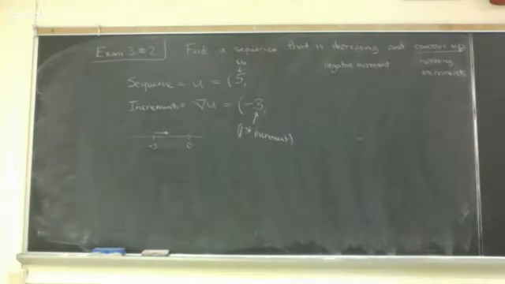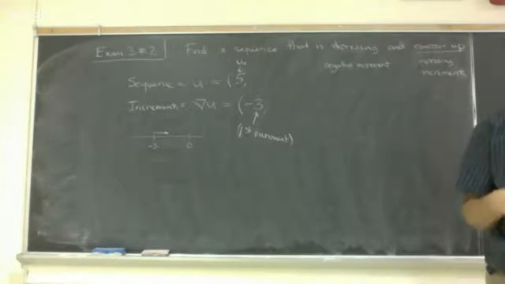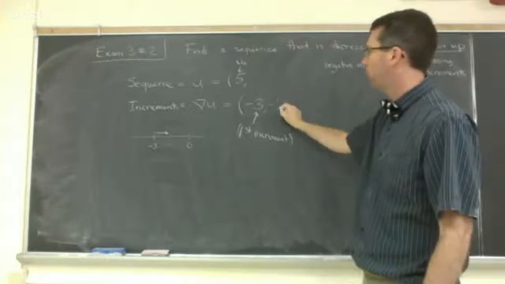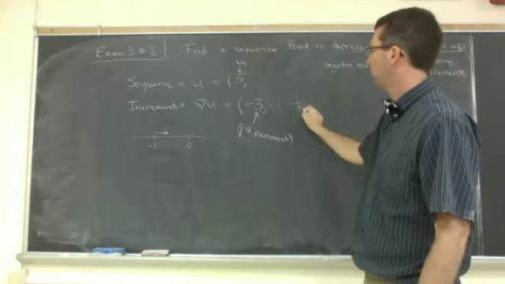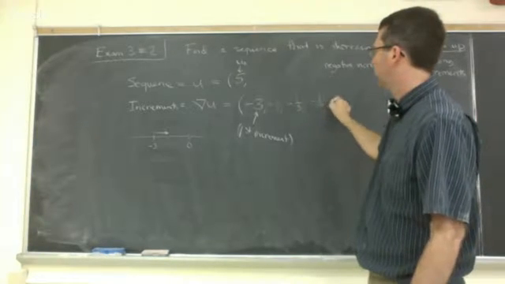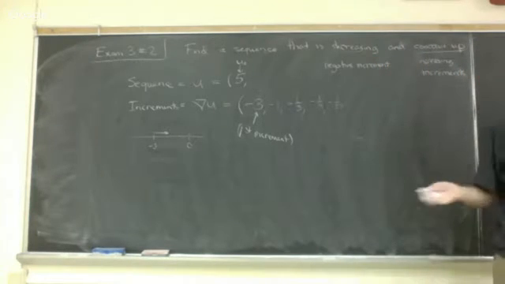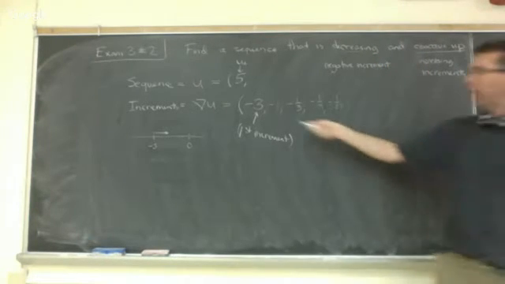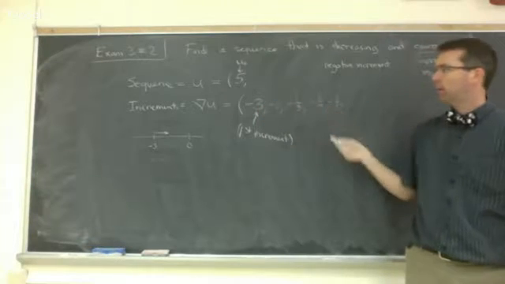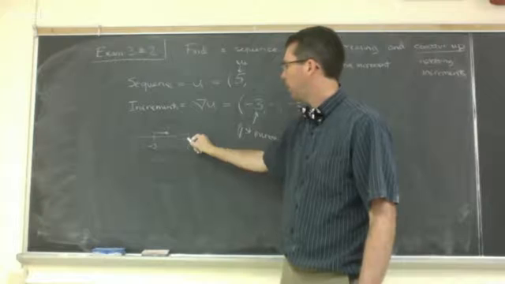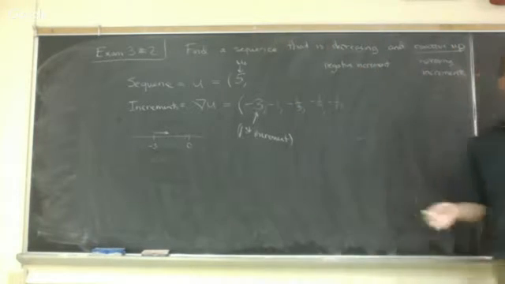Okay, so your specific question, if it involved 9ths and 27ths, what you probably did is you just divided by 3 each time. So this is one possible way of getting a sequence that is negative and increasing. I'm just going 1/3 of the way each time, getting closer and closer. But that's not the only way to do it.